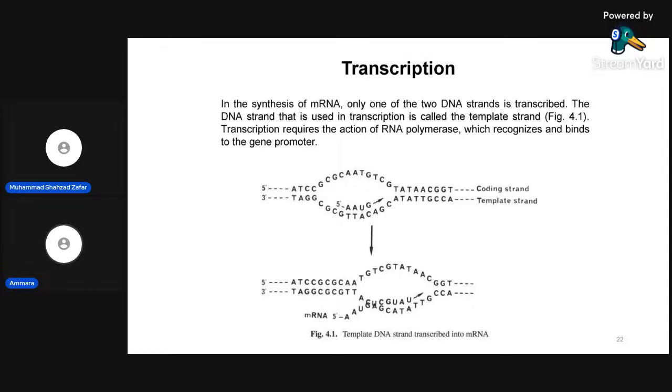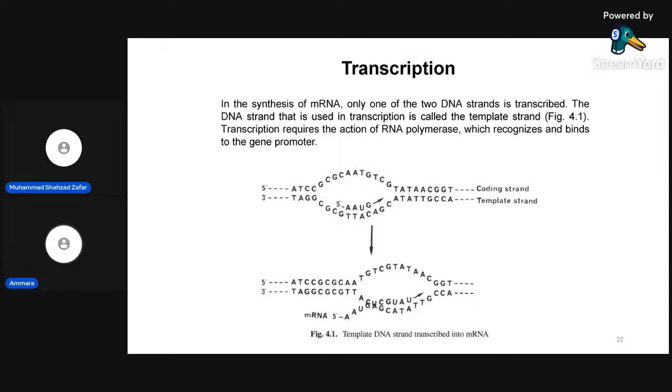So the formation of RNA from DNA is called transcription. We know very well that DNA is a double helical structure, and two strands are involved in the formation of DNA. But in transcription, only one strand is synthesized, from only one of the two strands of DNA. That single-stranded messenger RNA is transcribed from DNA.